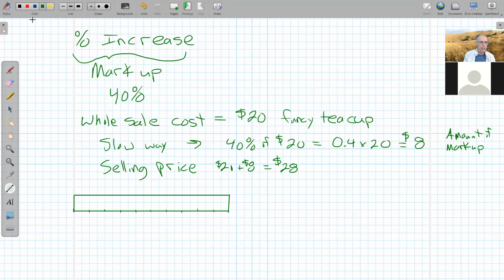I have my 10% marks with a little extra space. And then we got to mark it up, so maybe I'll do that in red. I want to mark that up another 10, 20, 30, 40. You want to be proportional. If 10% was two spaces wide here, make sure 10% is 2 spaces wide there.